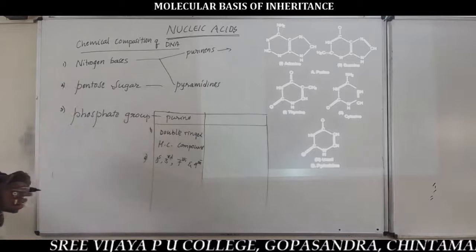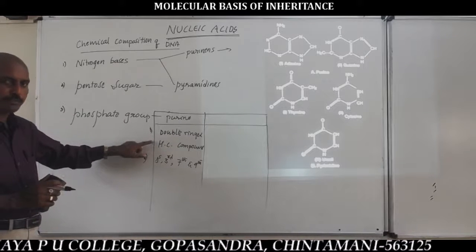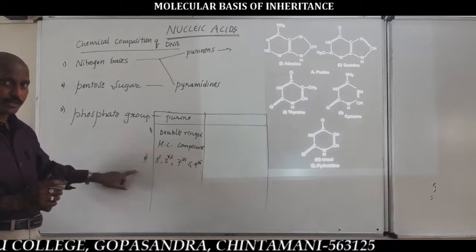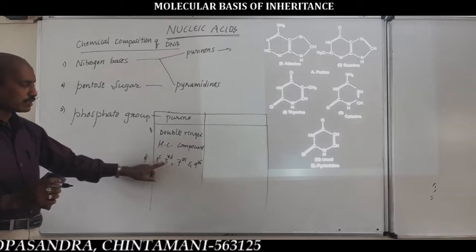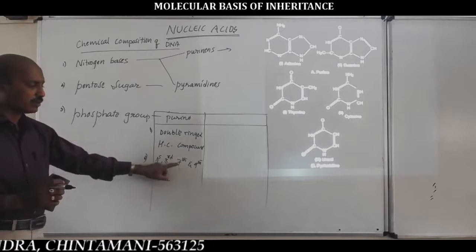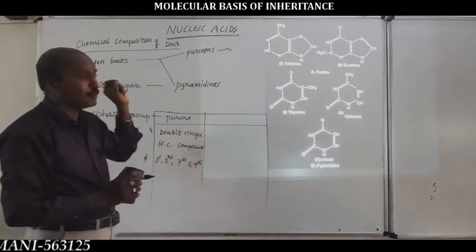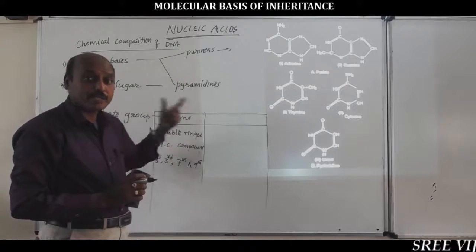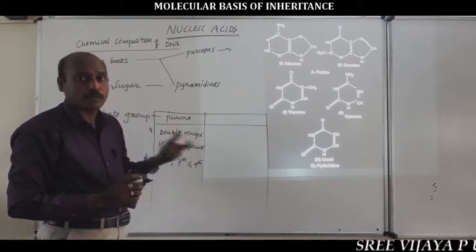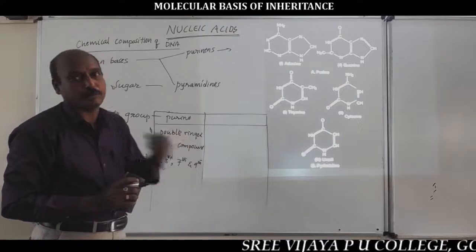You should remember this: purines are double-ring heterocyclic compounds containing nitrogen atoms at the first, third, seventh, and ninth positions. That is the position of the nitrogen atoms in the purine compounds.